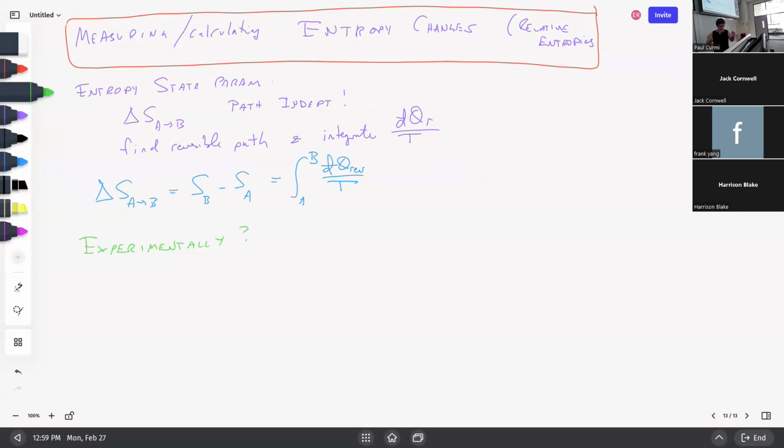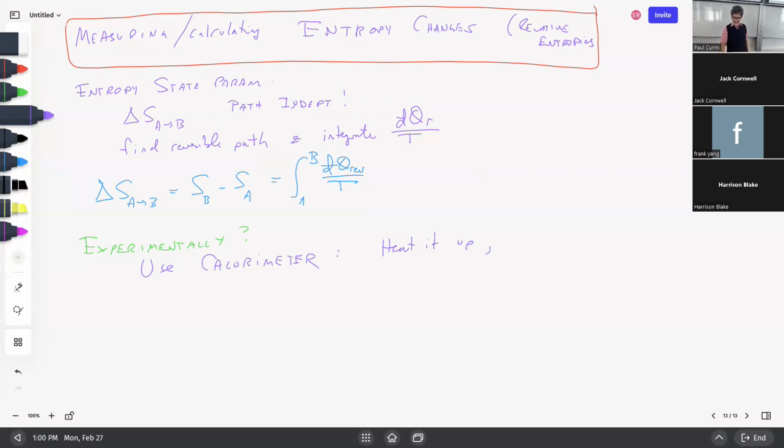So experimentally, you use a calorimeter. Okay, so you just heat it up. Yep, you're doing that as well. So you heat it up, record delta Q and T, and repeat.